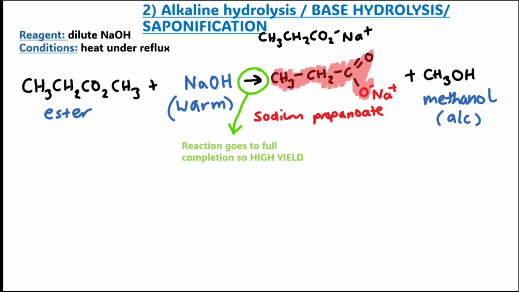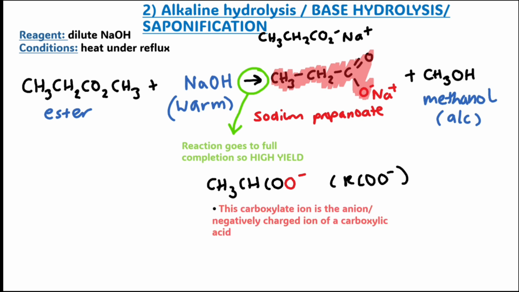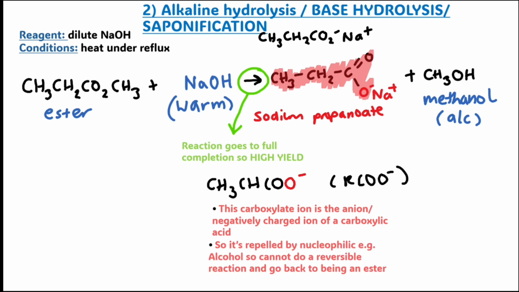What I shaded in red right now is the carboxylate ion, which is an anion of a carboxylic acid. We know anions are negatively charged. It's the negatively charged ion of a carboxylic acid. This anion is resistant to being attacked by weak nucleophiles, such as alcohols.